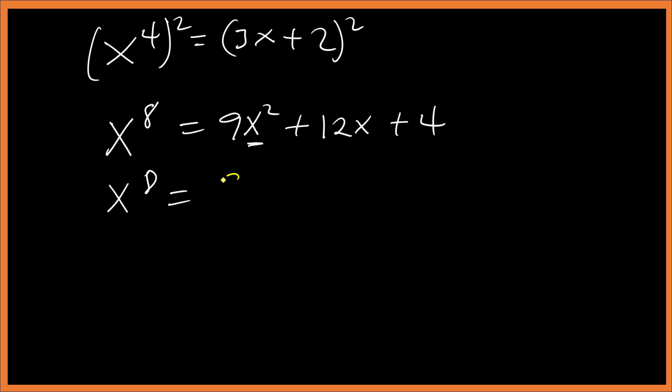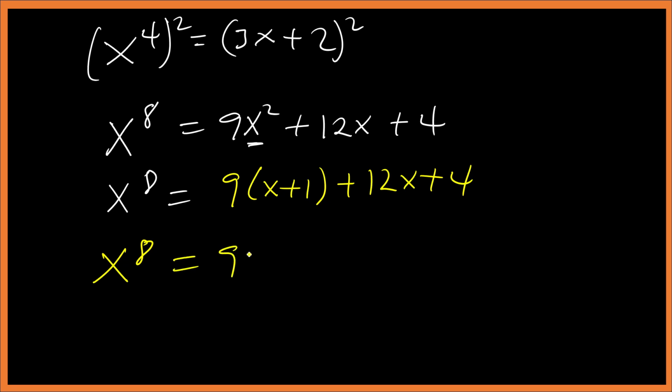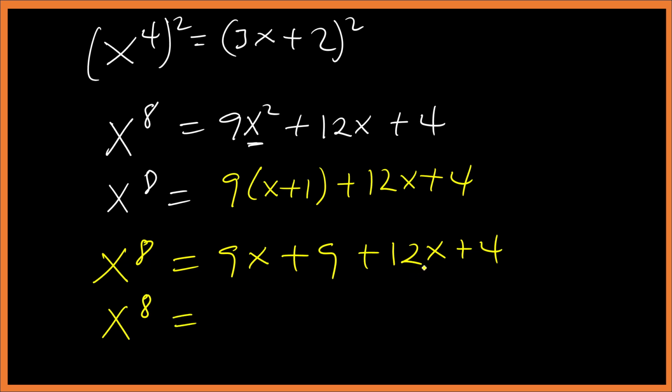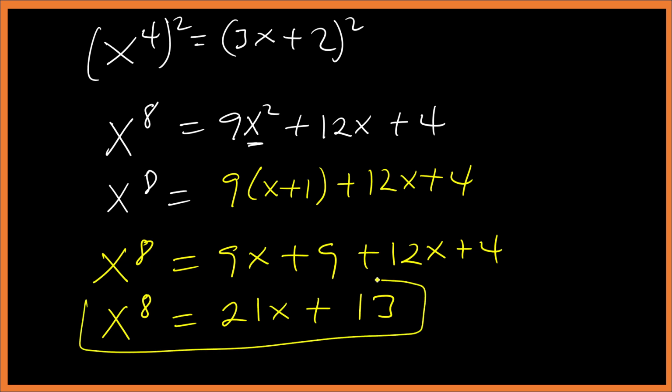So that would be 9 times (x plus 1) plus 12x plus 4. x to the power 8 will be 9x plus 9 plus 12x plus 4. So 9 plus 12 will be 21, so 21x plus 13. So we have this.